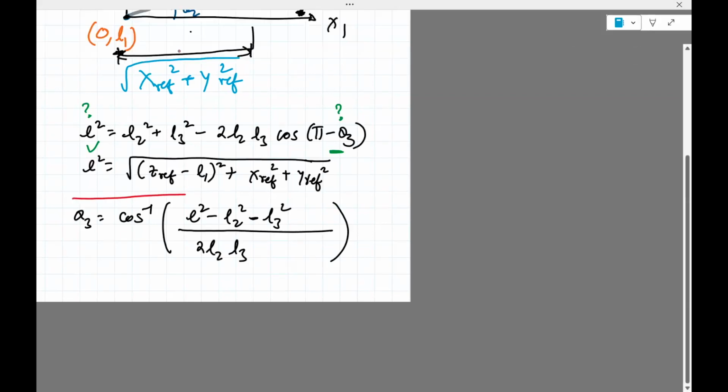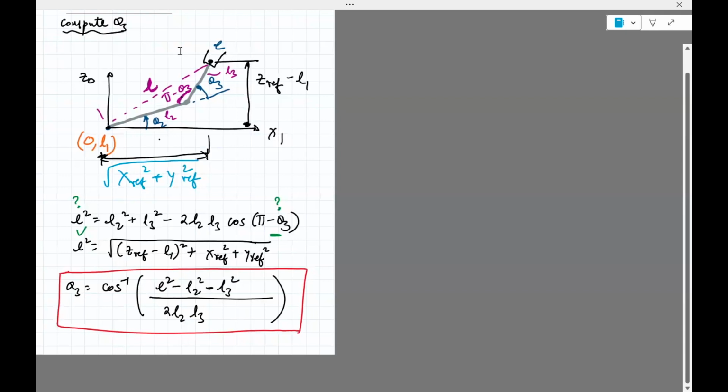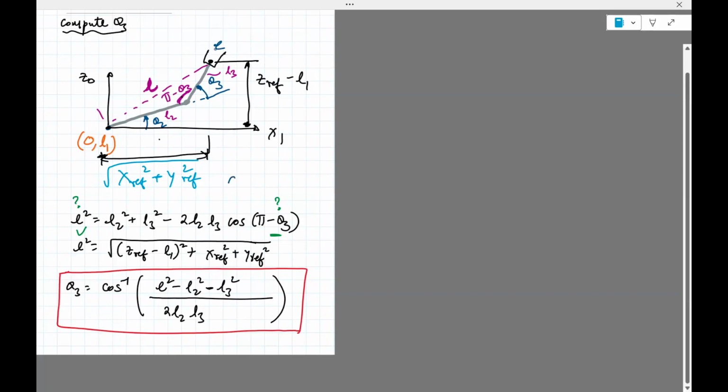So this is how you can compute theta 3, just using the cosine rule. I'll reference this so you can search for it yourself. Cosine rule.